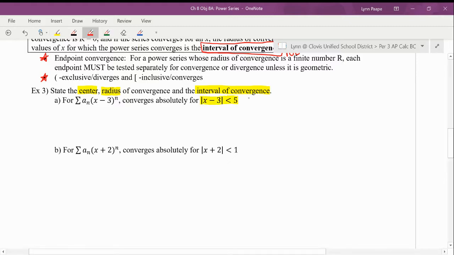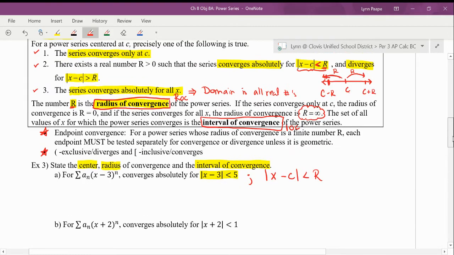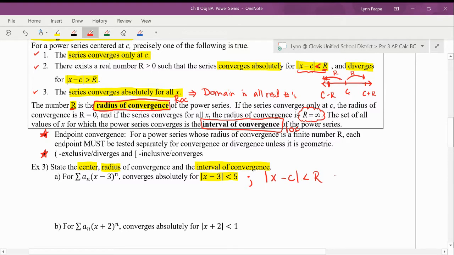So we're referencing from above that we have the absolute value of x minus c is less than r, right? So that is what we're referencing up here. So remember, c represents our center, and capital R represents our radius of convergence.